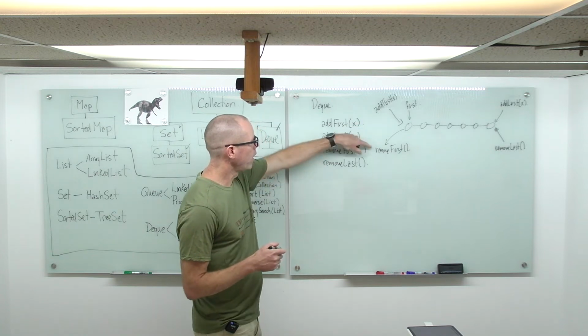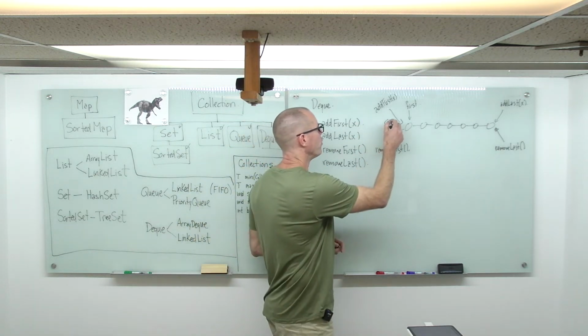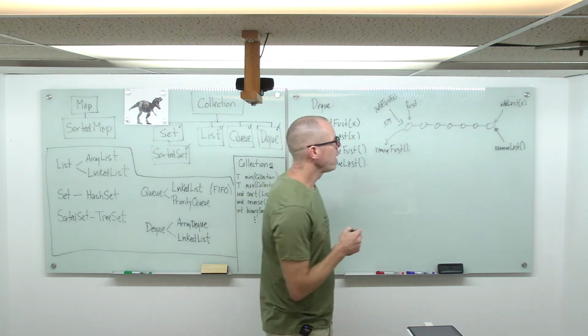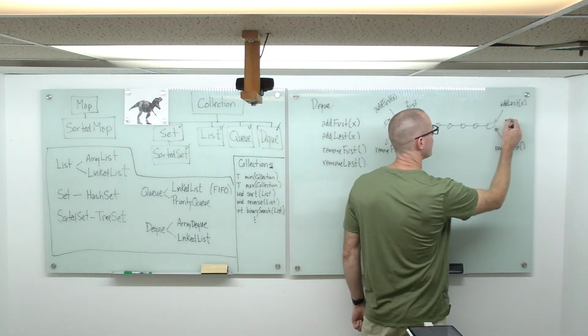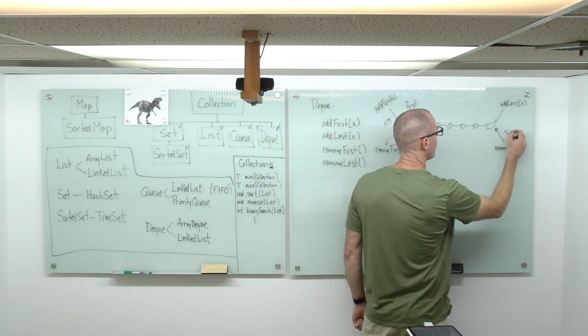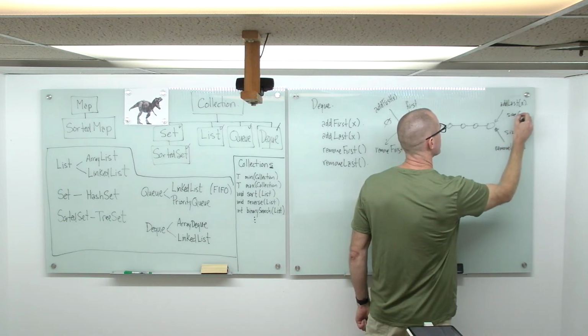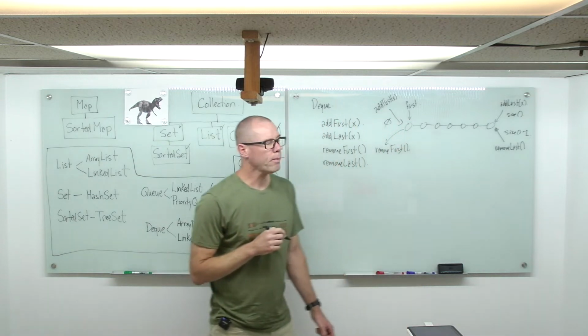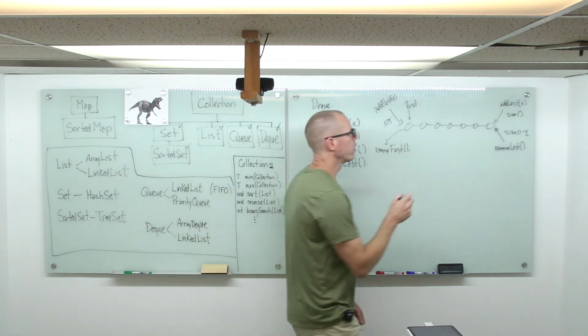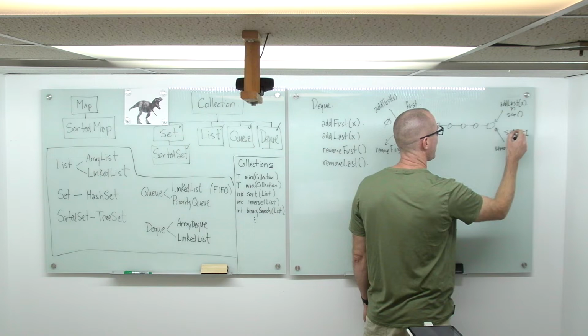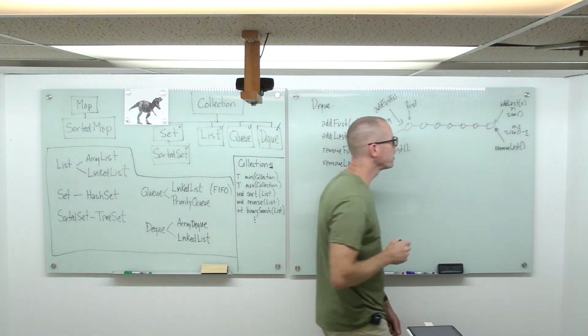And so here you're adding and removing at index 0 in a list, and here you would be removing from index size - 1, and you would be adding to index size. We'll call the size n, which makes this n-1.